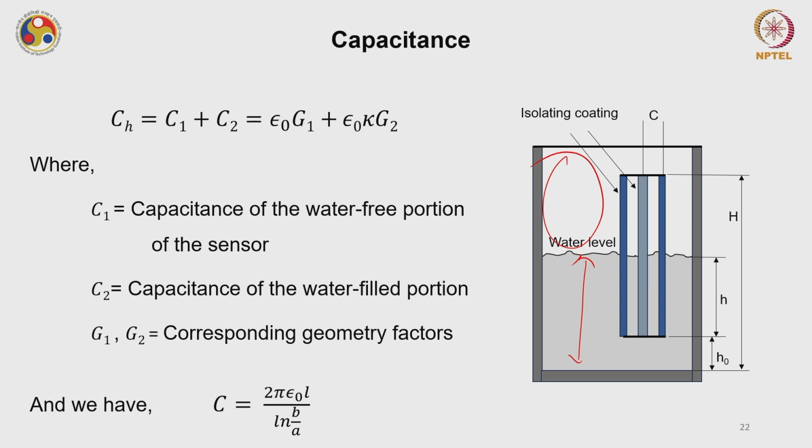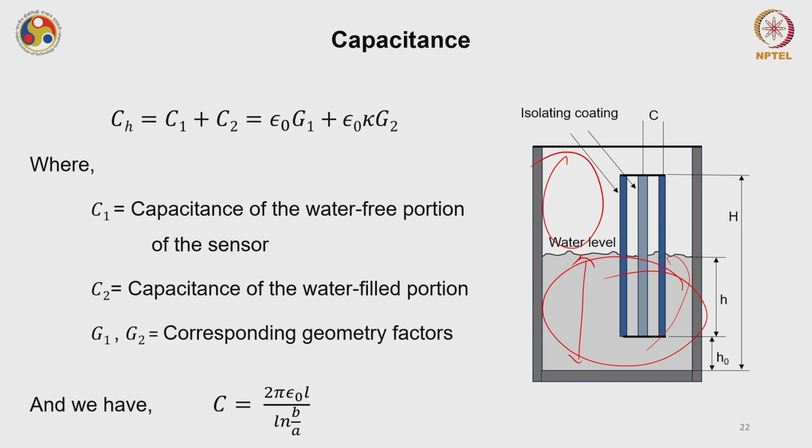Now for C1, which is the capacitance of the water-free portion, I have only air present, so I write epsilon naught into G1, where G1 is the geometry factor in this area. And the second one, which is immersed in water, I call epsilon naught into K into G2, where G2 is the geometry factor in this area.